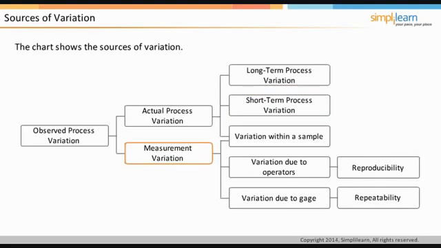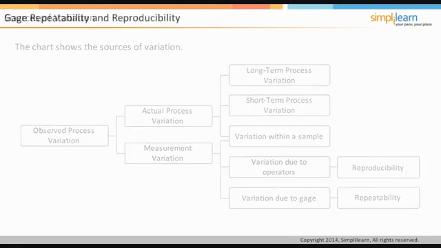Measurement variation can be divided into variations caused by operators and variations due to the gauge. The variation due to operators is owing to reproducibility. Variation due to gauge is owing to repeatability. Both actual process variation and measurement variation have a common factor, that is, variation within a sample. Let us understand gauge repeatability and reproducibility, or GRR, in the next screen.